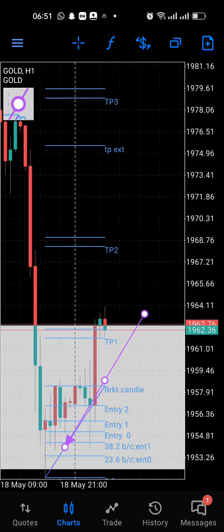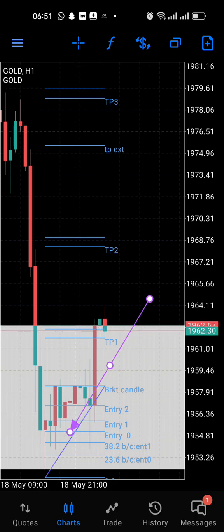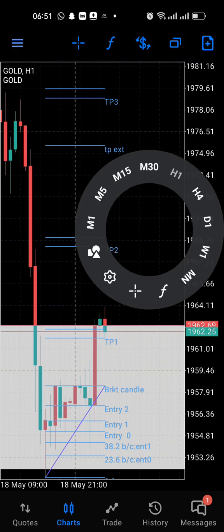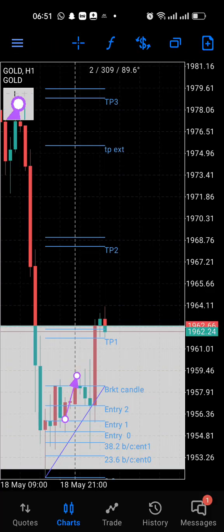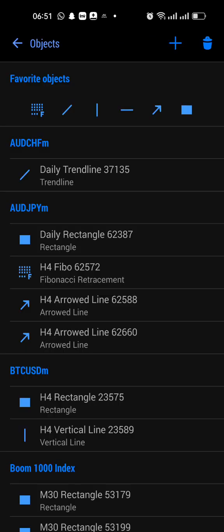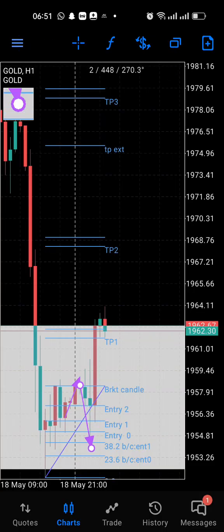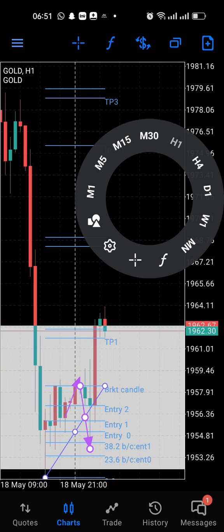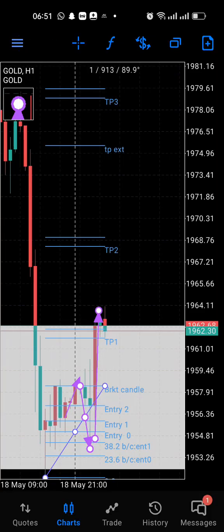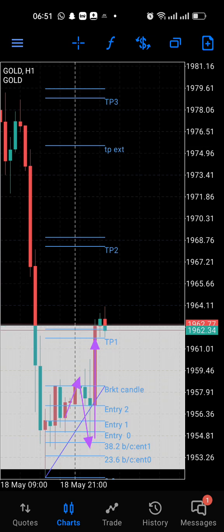I took my Fibo here to look for entry, came back beautifully, triggering my entry 0, and then up we went. But it still came back here to cause drawdown, and then TP right away. When I wake up now, we had hit TP. I was out of the market in profit.